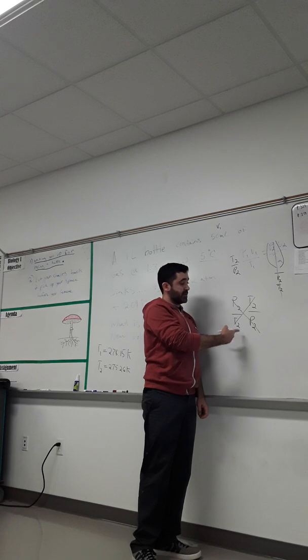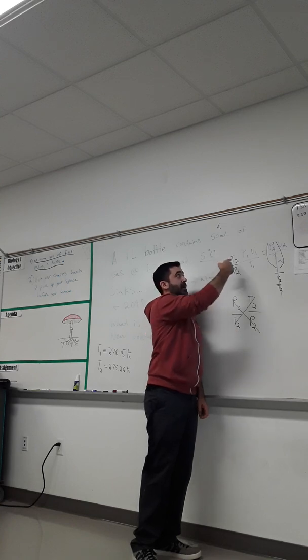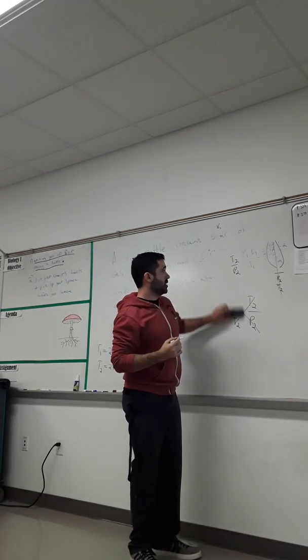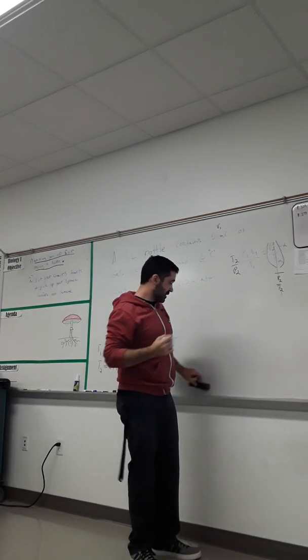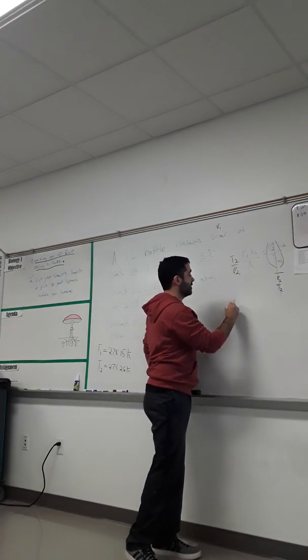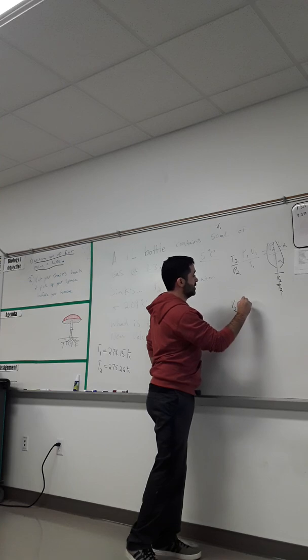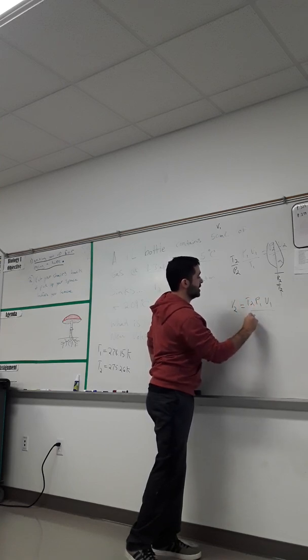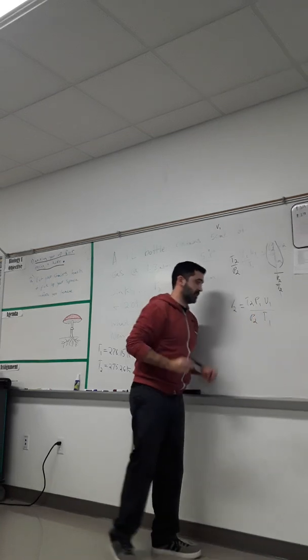We do the same thing on the other side, and we wind up with T2 in the numerator, P2 in the denominator. It's kind of messy, but you can skip a lot of steps once you know what you're doing. So then you end up with V2 equal to T2 P1 V1 all over P2 T1.